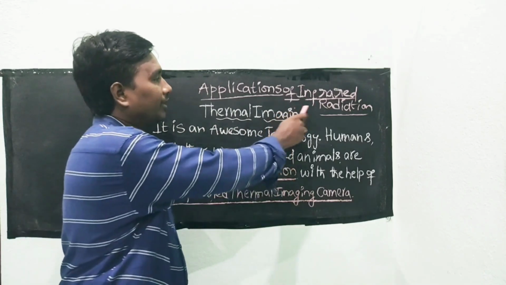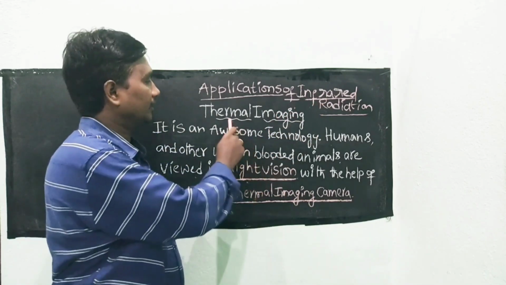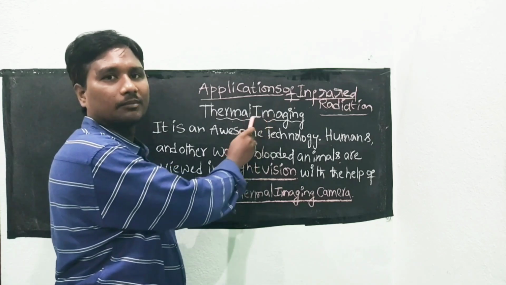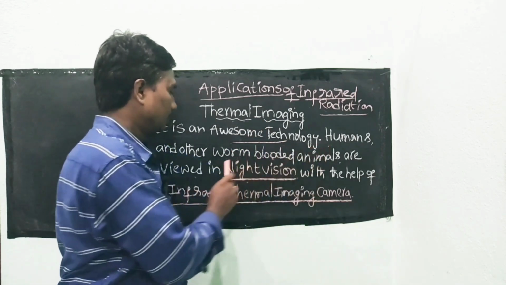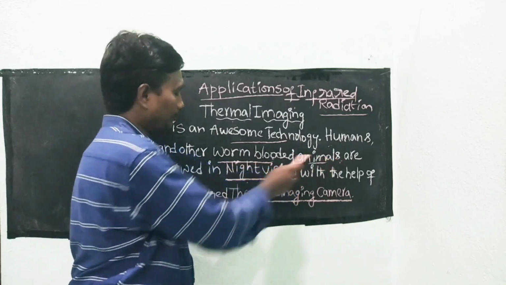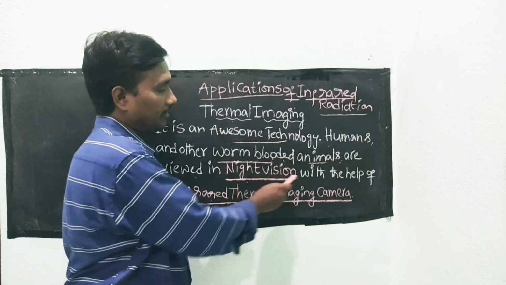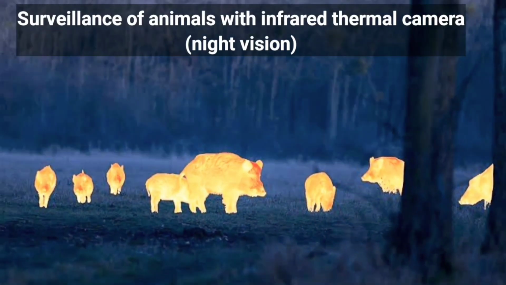Applications of infrared radiation, that is thermal imaging. Thermal imaging is an awesome technology. Human beings and other warm-blooded animals are viewed in night vision with the help of an infrared thermal imaging camera.